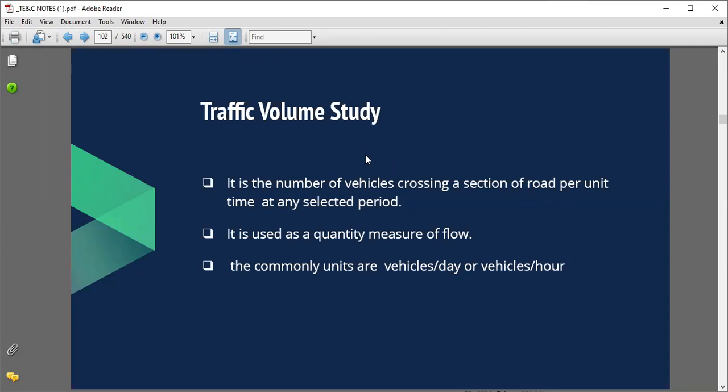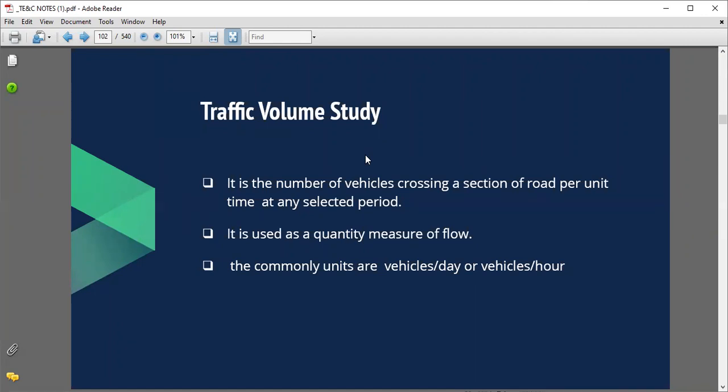You can see here, at any section or any selected period, you can select any area and go for calculating the number of vehicles crossing or moving on that road. Automatically that number indicates the traffic volume of that area. So we'll understand the traffic volume on that area.